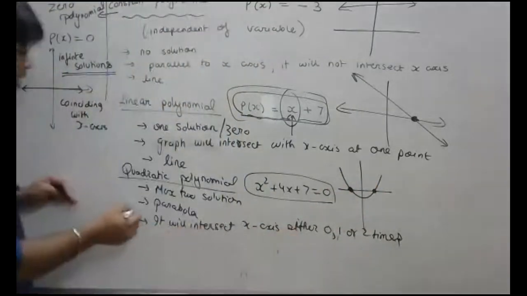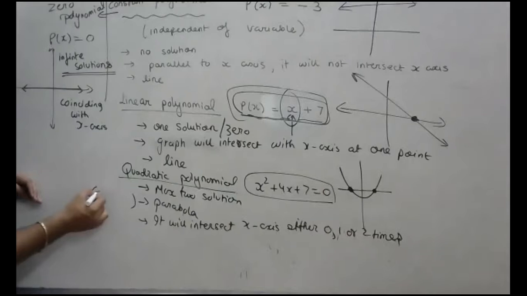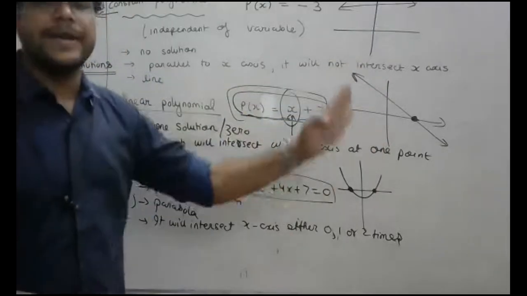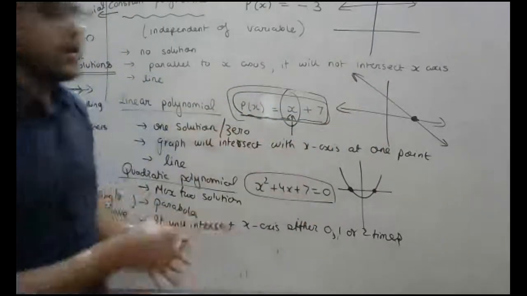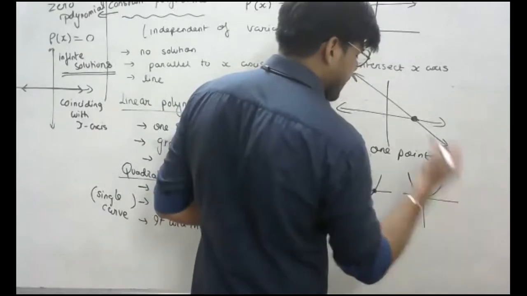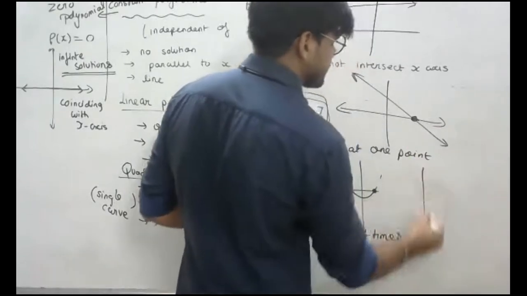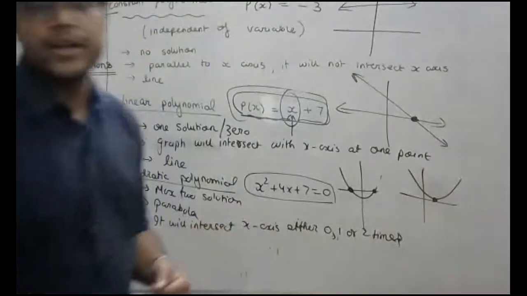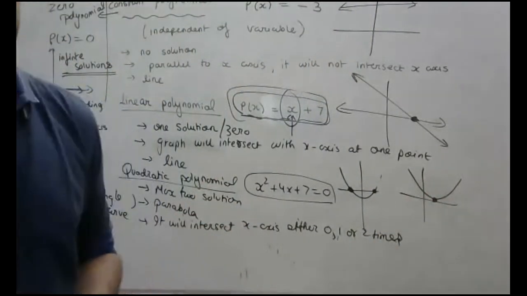Achha, in here it is a parabola because of a single curve. This is important. A single time it will make a curve. It will not bend again. It has a single bend. You may also have an equation like this, ऐसा समझ लो या फिर ऐसा, where it is only touching the x-axis one time. Okay.